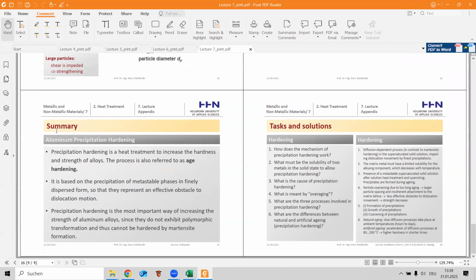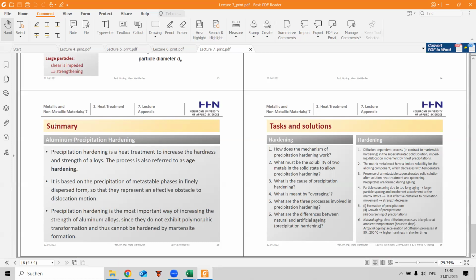So, summary of precipitation hardening. Precipitation hardening is a heat treatment to increase the hardness and strength of alloys. The process is also referred to as age hardening. It's based on the precipitation of metastable phases in finely dispersed form, so that they represent an effective obstacle to dislocation.